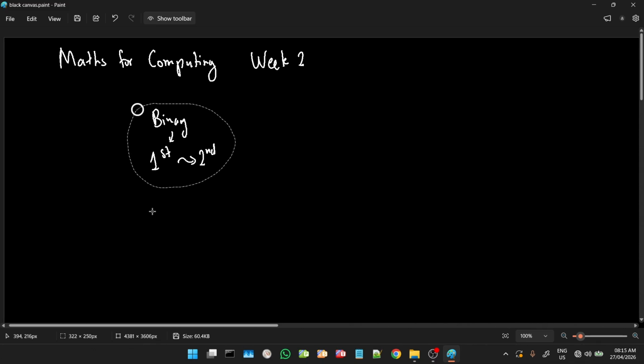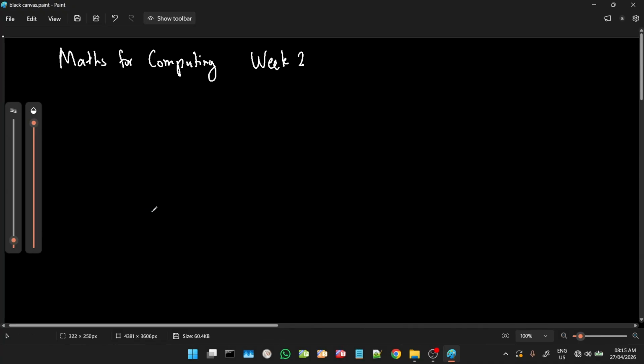So the general equation for the complements is: let's say we have R, which represents the base.